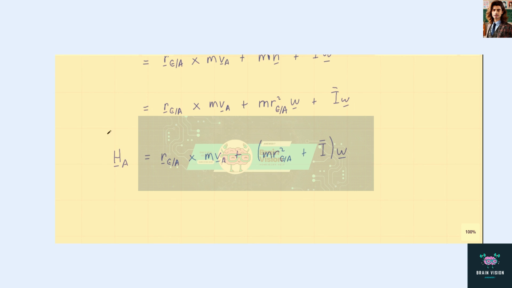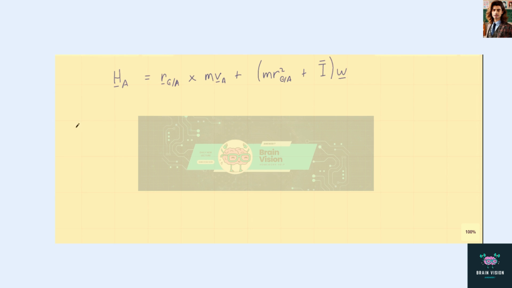Now, if we want the left-hand side to equal I omega, we can get the first term on the right to equal 0 if A, r, the position of the mass center relative to point A, is equal to 0, which simply means that A is the mass center. And that allows the first term to be 0.